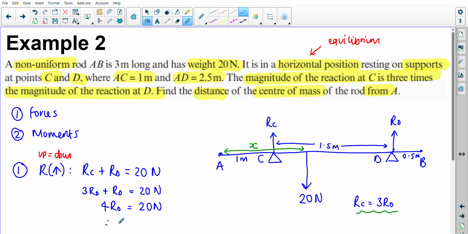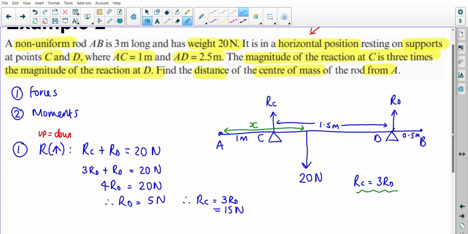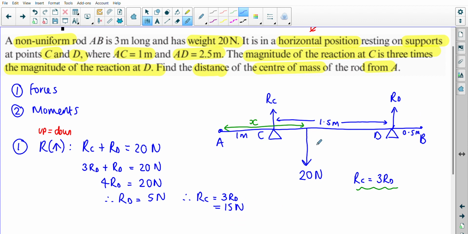So therefore RD is going to be 5 newtons. And if I've got RD as 5 newtons, well, RC is 3 RD, which equals 15 newtons. And that definitely makes sense, because then both of the reaction forces add up to give 20. I could have just put 5 in here to get 15 also.